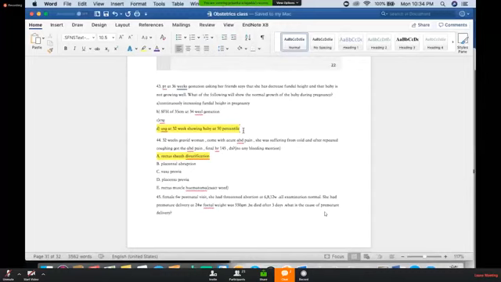Next, a 32 weeks gravid woman comes with acute abdominal pain. She was suffering from cold and after repeated coughing got the abdominal pain. Fetal heart rate is 145. I will send you this file, and if you go back, you will see the same question there too, where we solved it as rectal sheath hematoma. But as I told you, it is not hematoma, it is rectal sheath diverification. The option says rectal sheath diverification, please go for it.